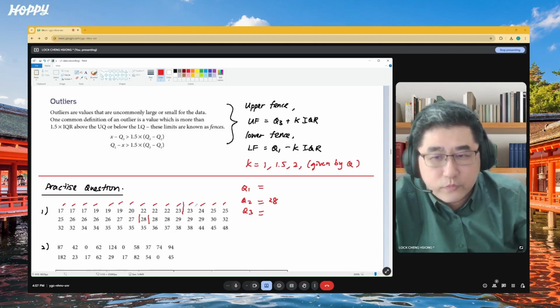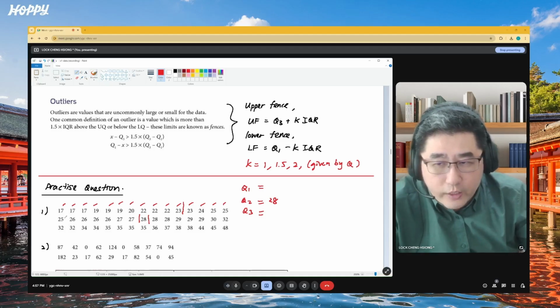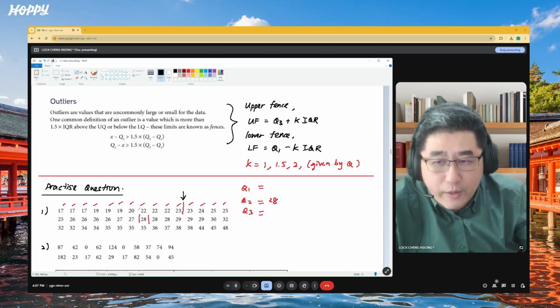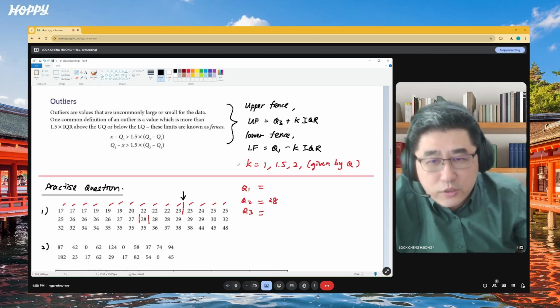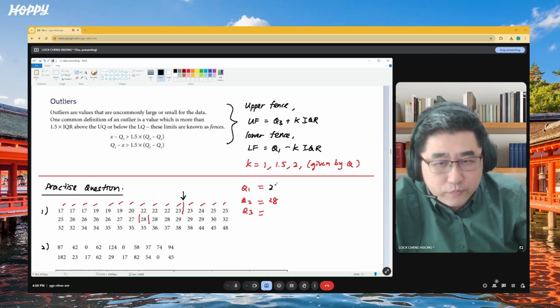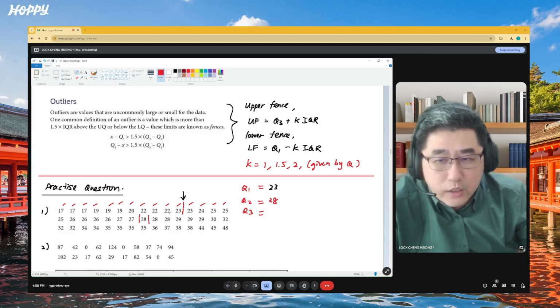You will see that this number in between separates the lower part into two equal parts with 11 numbers and 11 numbers. So this number is the midpoint between these two values, 23 and 23. So 23.